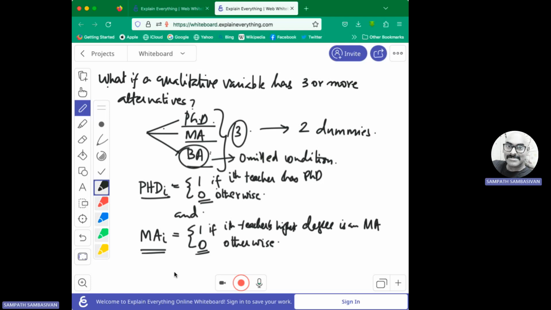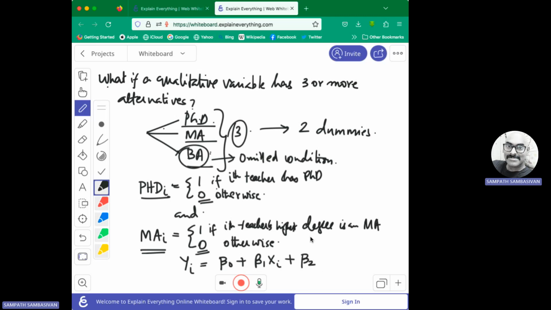So if we are writing this down as an equation, it might look like this: yi, which is again the salary of the ith high school teacher, is equal to beta 0 plus beta 1 xi. Xi would represent the number of years of experience itself, right?